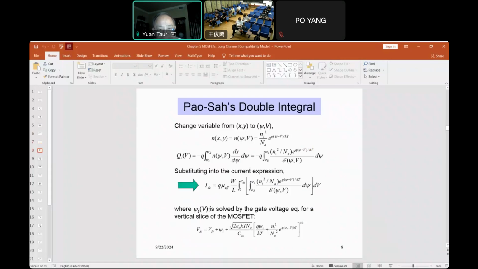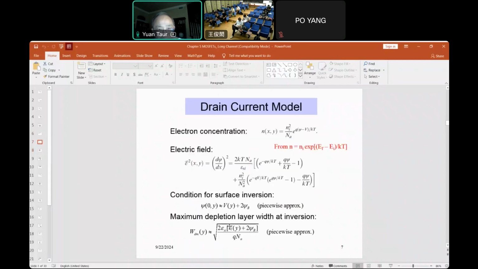So this becomes a main equation for MOSFET modeling. Basically, this equation for a given VGS is a relation between psi s and V, but it's an implicit equation. For a given gate voltage, psi s is a function of V. In other words, the psi s changes from source to drain, as we did before.